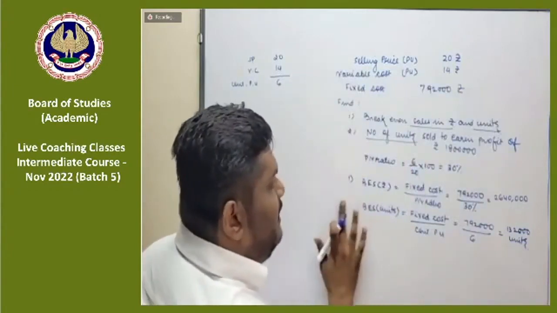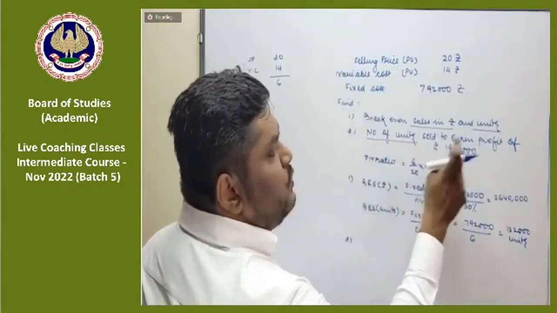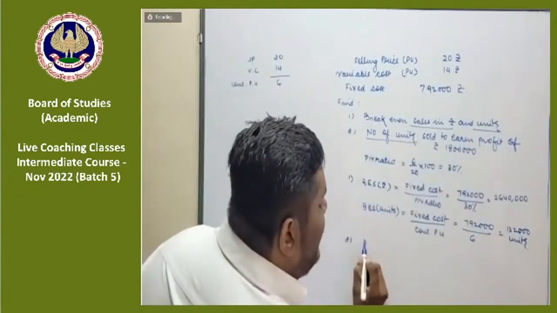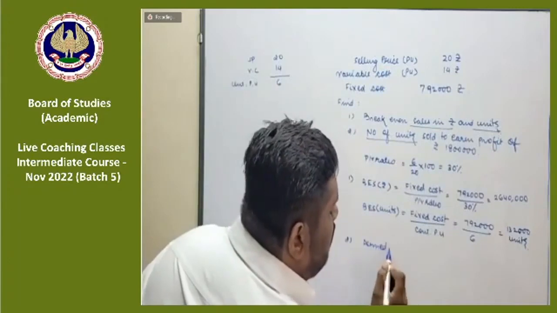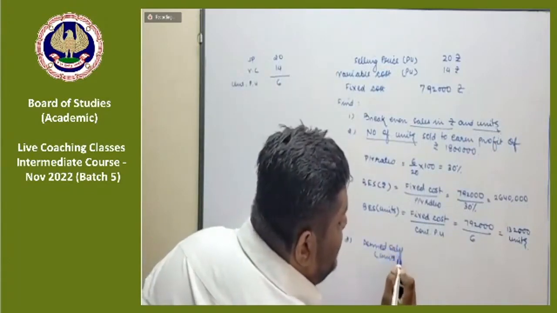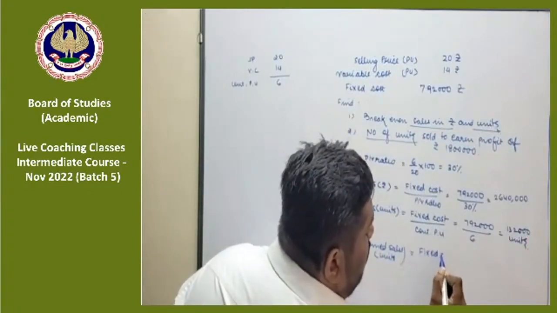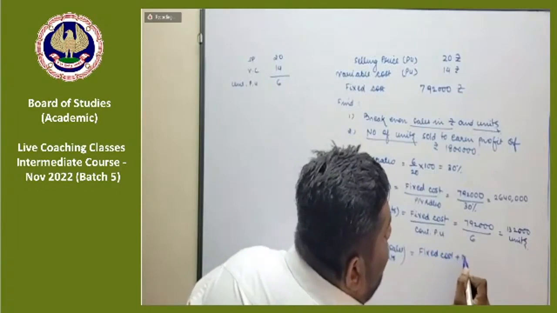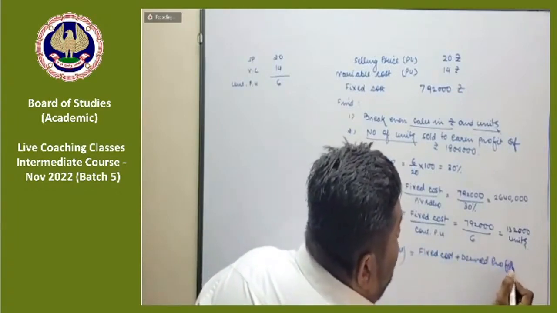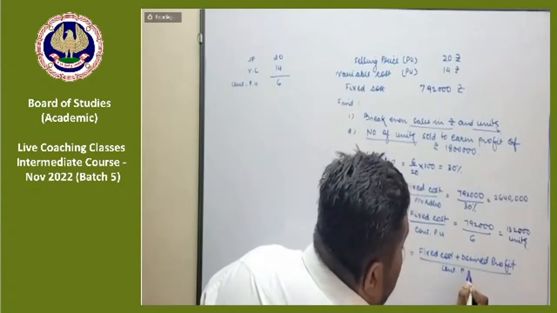Now the third part, number of units sold to earn a profit of 18 lakh. So desired sales in units only, the examiner is asking. So fixed cost plus desired profit divided by contribution per unit.